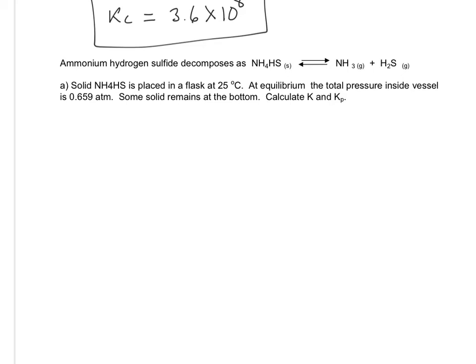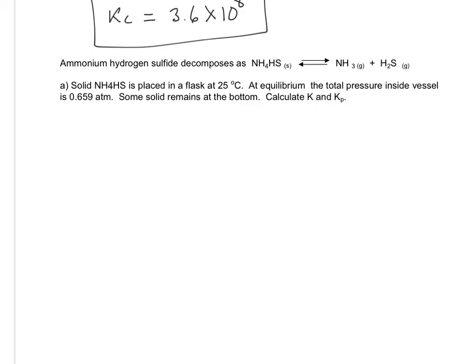At equilibrium, the total pressure inside of the vessel is 0.659 atm, and some solid remains at the bottom. So this is an equilibrium, and at equilibrium you still have some solid left, and you have some of these gases as well. We want to calculate both K and Kp.